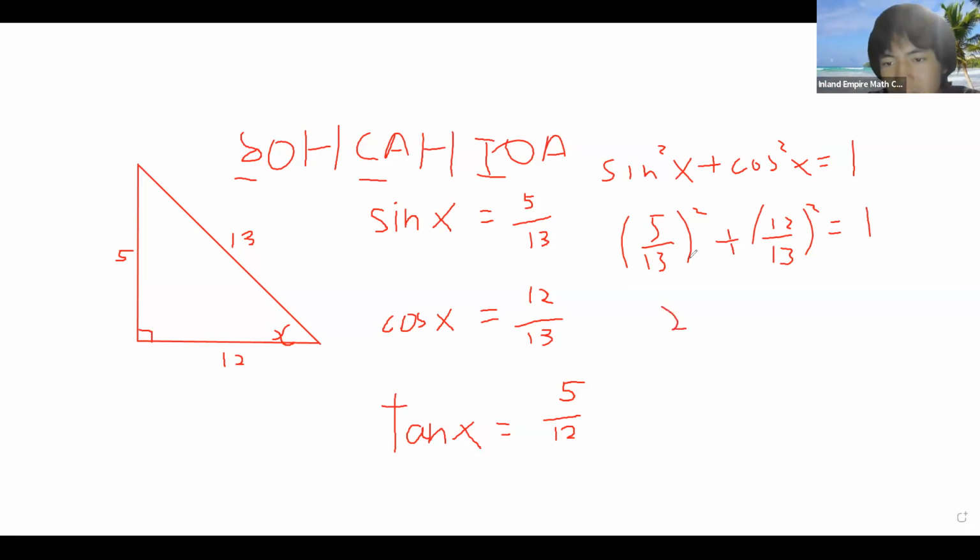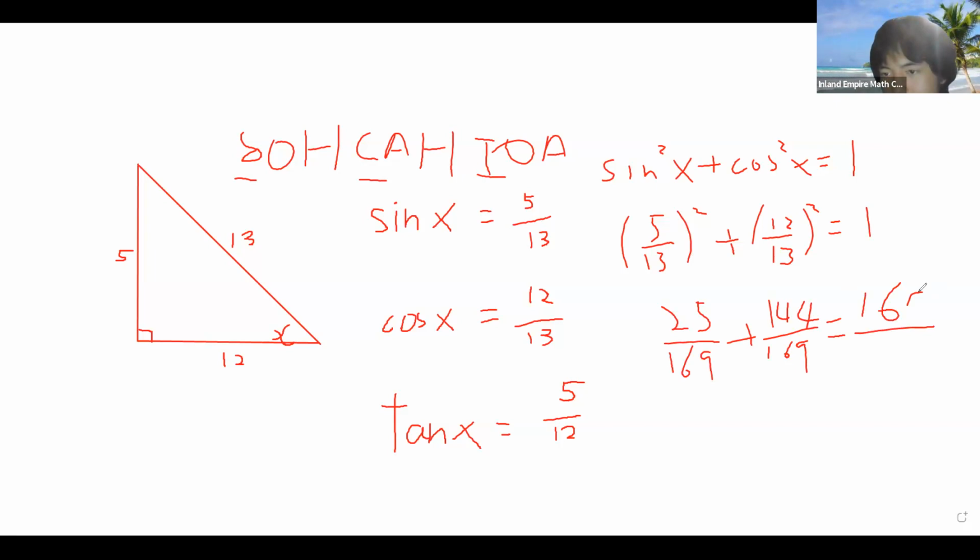It's 25 over 169 plus 144 over 169, which equals 169 over 169, and that is exactly equal to 1. So bam, we have verified the Pythagorean identity, right?